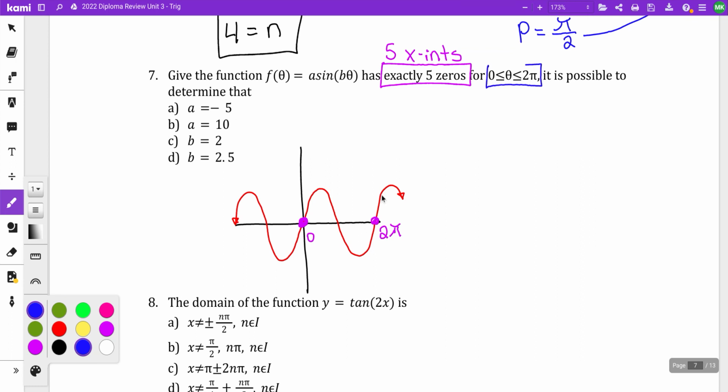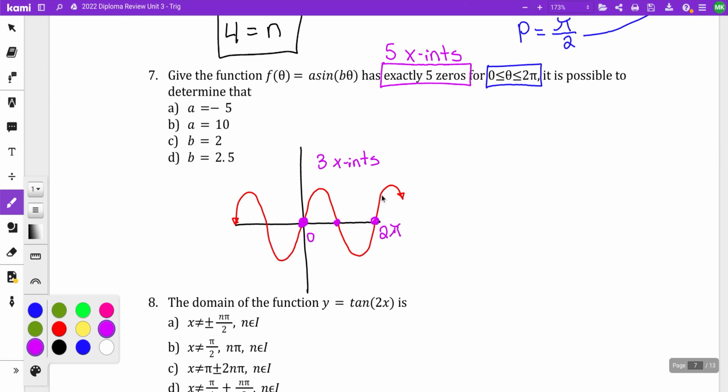This thing in blue is saying I want 5 intercepts between 0 and 2 pi. I started with 2. Nope, I lied. I started with 3 x-intercepts between 0 and 2 pi. If I wanted more x-intercepts between 0 and 2 pi, then I need to do a horizontal stretch.